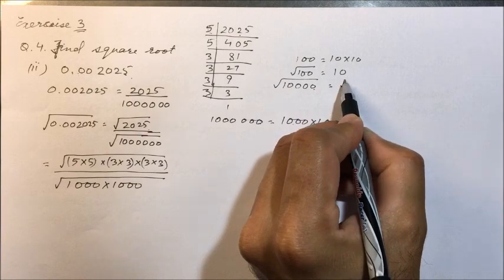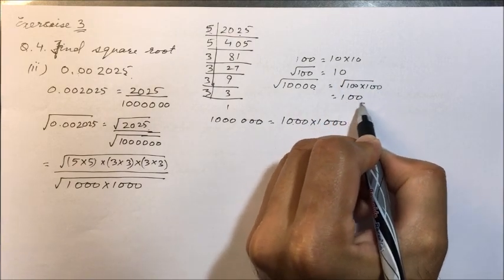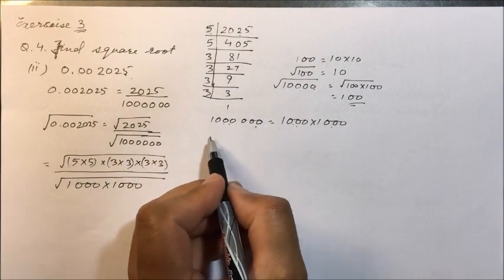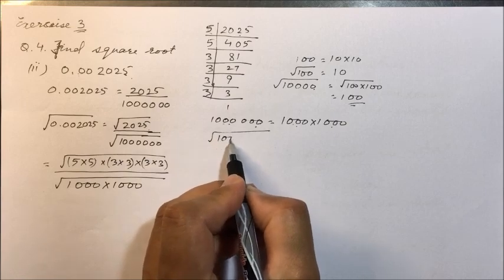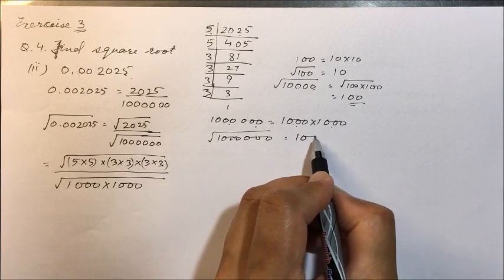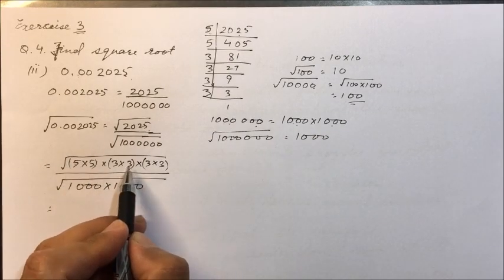It can be written as root of 100 into 100, and 100 is the answer. Similarly here it can be written as 1000 into 1000, and the root of this is 1000.